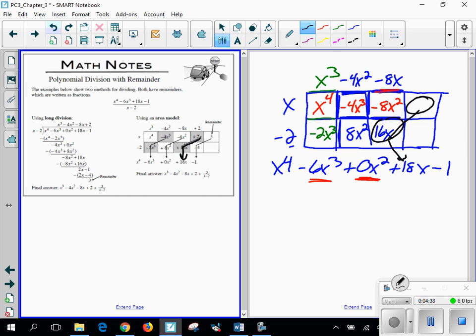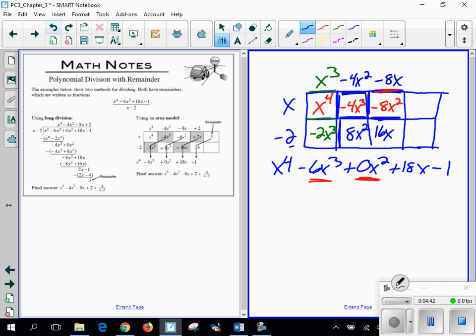Well, that means we're going to have 2x in this space. That'll have to be 2x. And then we keep going on down the line: that's x, the area is 2x, so the top is going to have to be a 2.